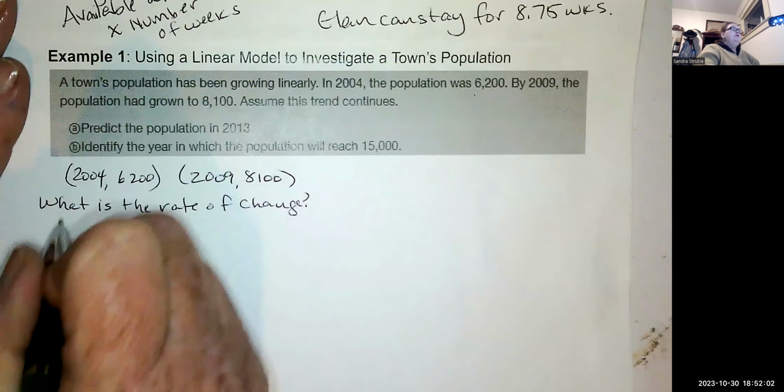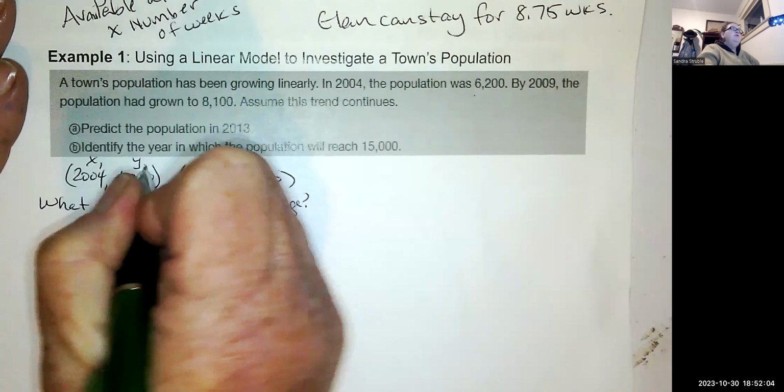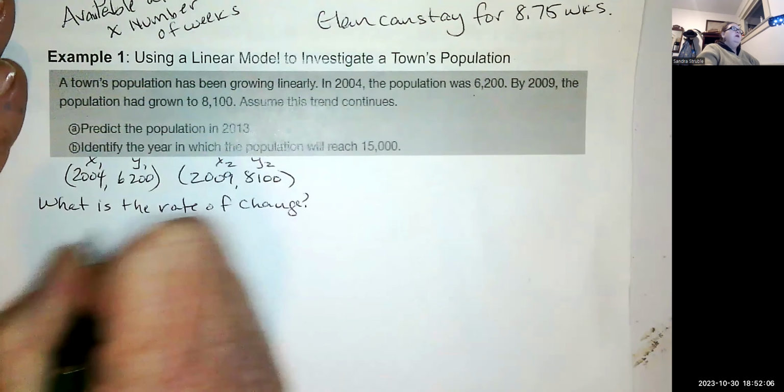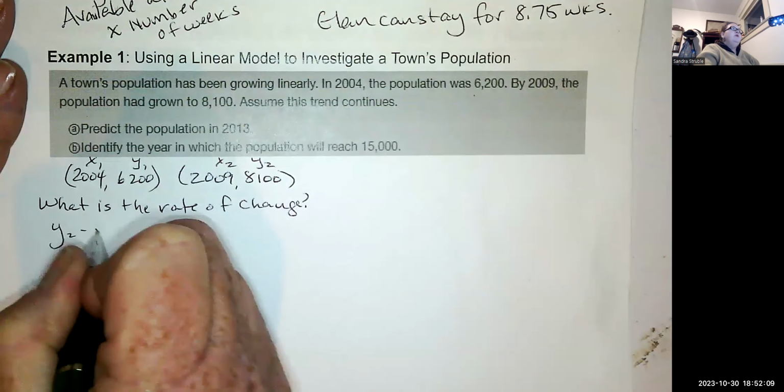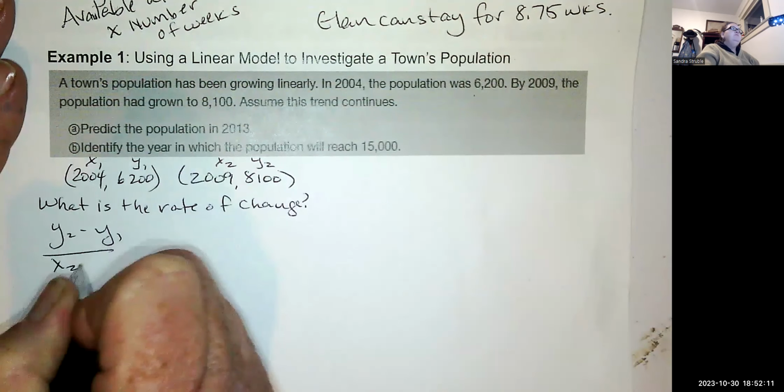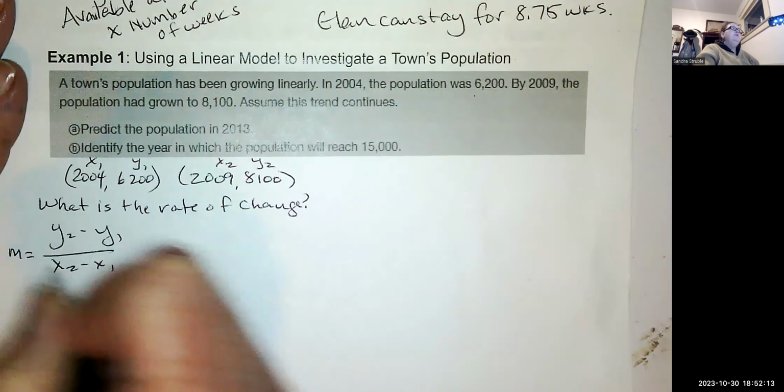And to do that, that's just x1, y1, x2, y2. Y sub 2 minus y sub 1 over x sub 2 minus x sub 1. That is your slope.